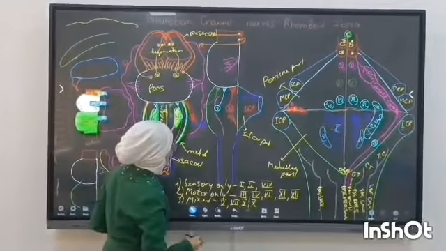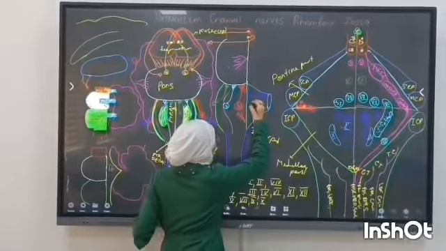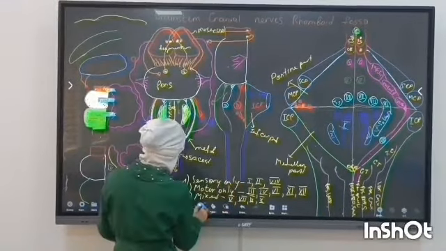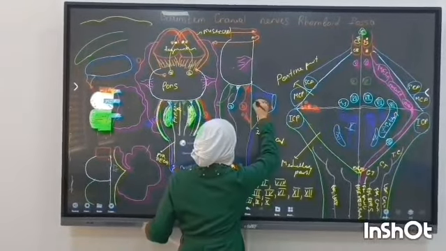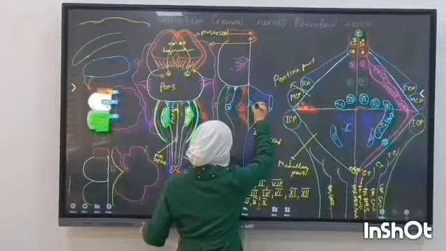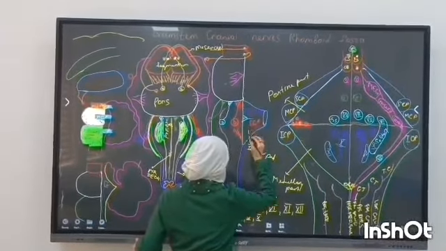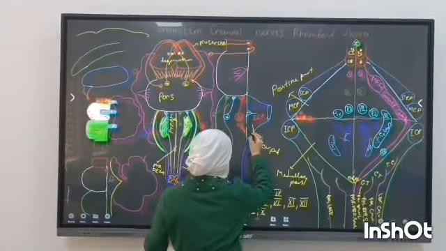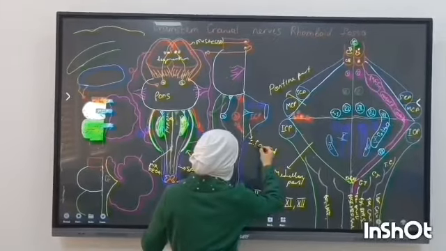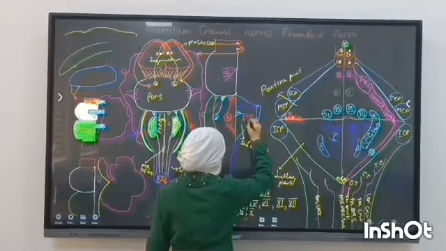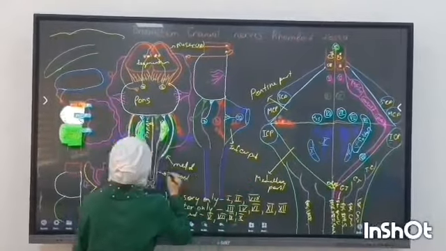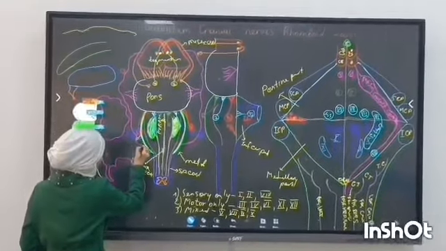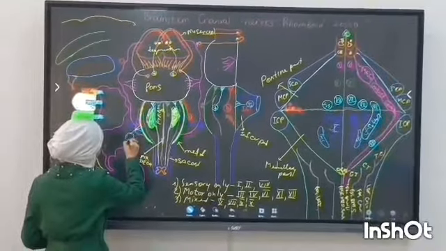Next, nervus vagus, whose apparent origin also is between the oliva and the fibers of the inferior cerebellar pedunculus. You can show it on the front surface like this.